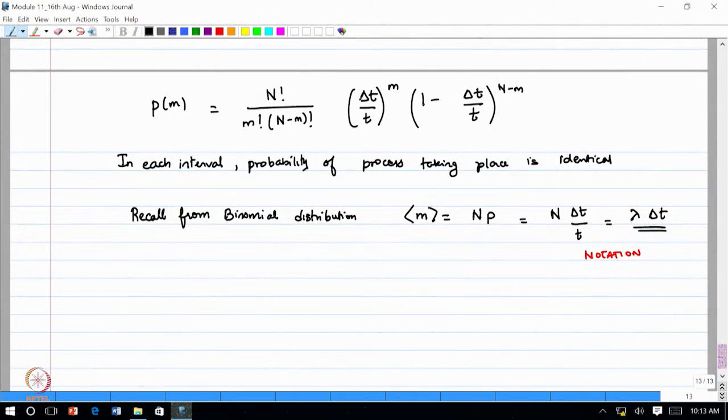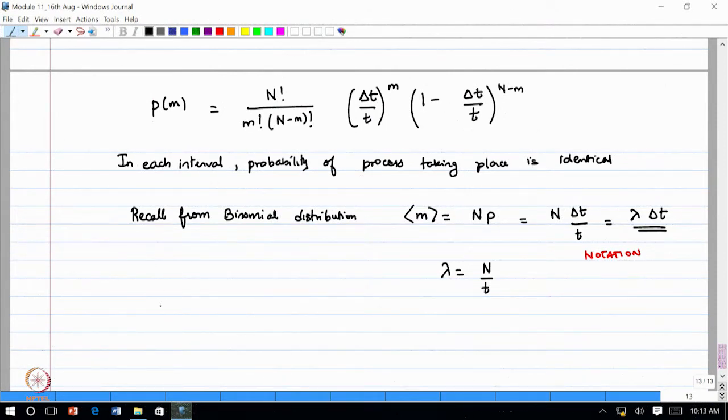What we will do is try to eliminate t, and wherever we have t, we will write it as n by lambda. So lambda is equal to n by t, or t equal to n by lambda.